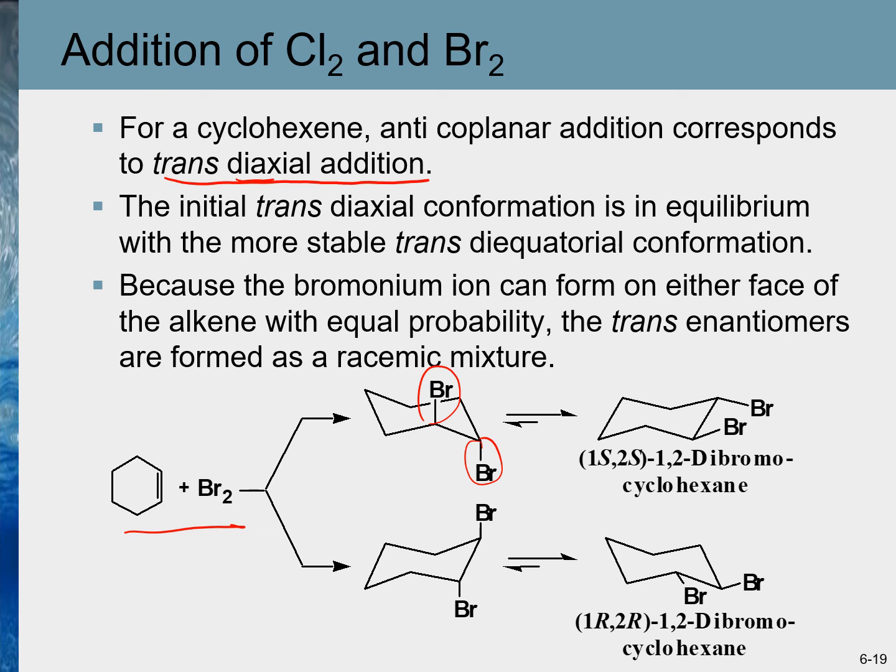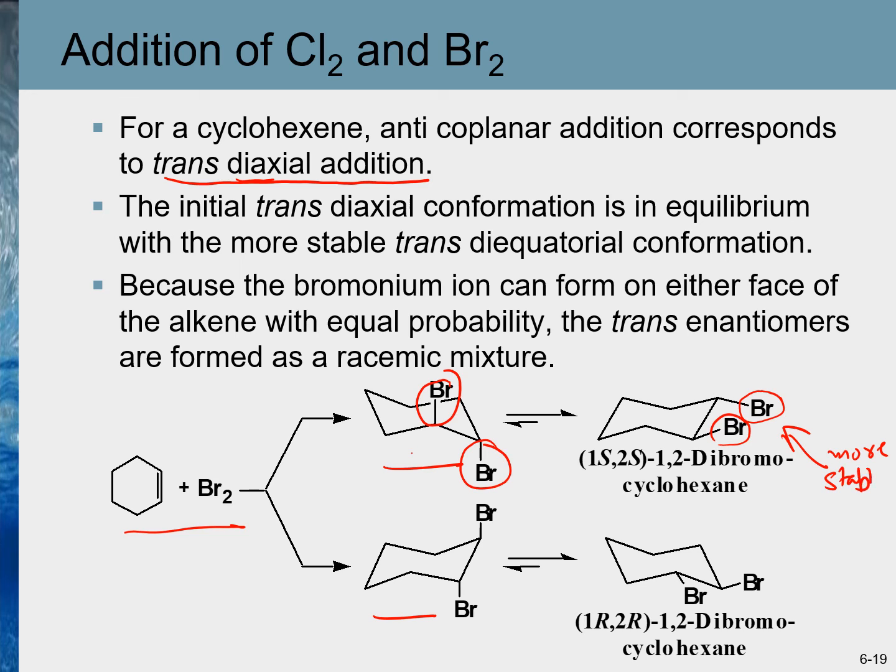Now two stereoisomers which will form are shown here, and from chapter number 4 we know that the diaxial positions are not favored. Now cyclohexane can go from one chair conformation to the other chair, and when the chair flips, the axial positions become equatorial, and we know that equatorial positions are more stable.